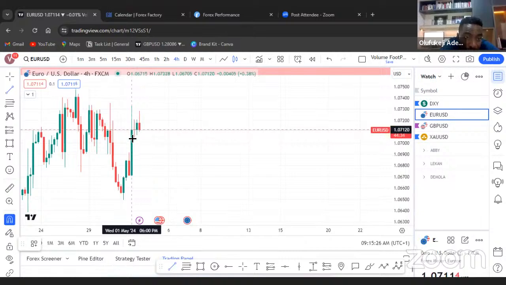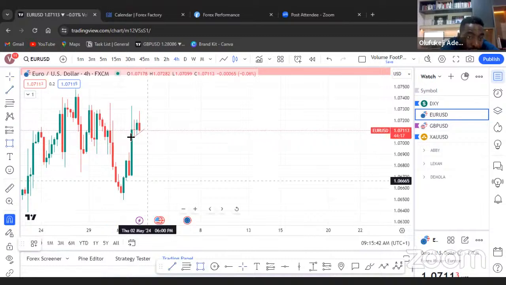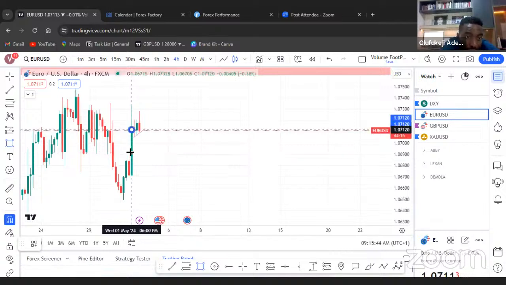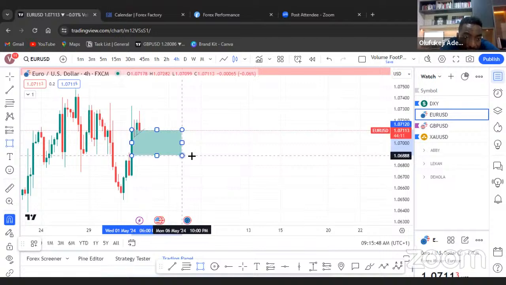Exactly, that's support liquidity into a fair value gap, with an order block at the base.